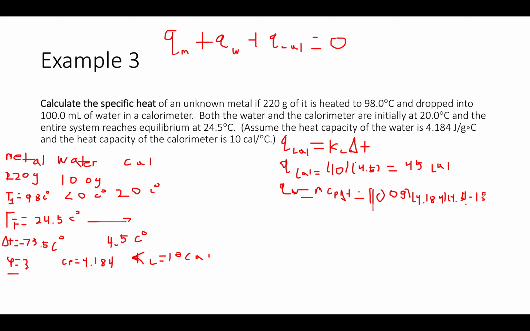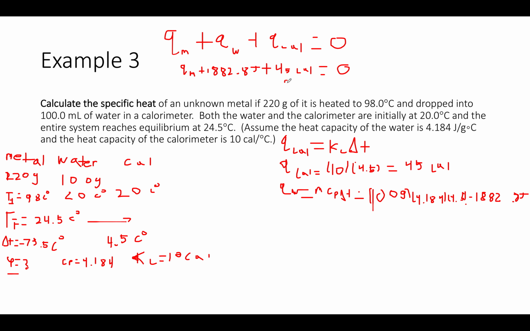Quick math, 1,882.8 joules. So we can solve for the heat of the metal now. The heat of the metal plus the heat of the water, 1,882.8 joules, plus the heat of the calorimeter, 45 cal, has to equal 0.